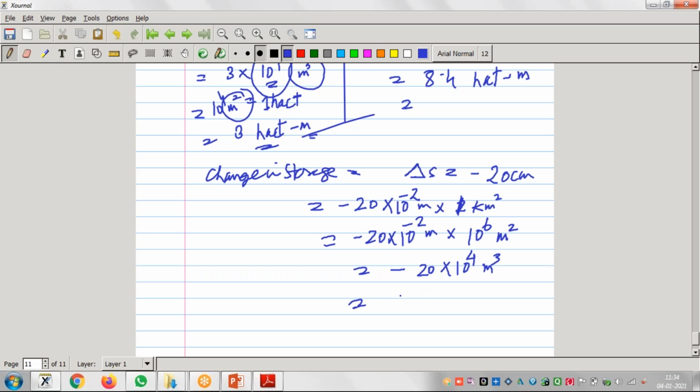So I can say, is it okay? Change in storage is given as 20 centimeter. Okay, minus 20.